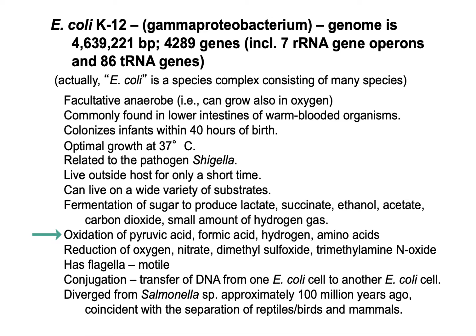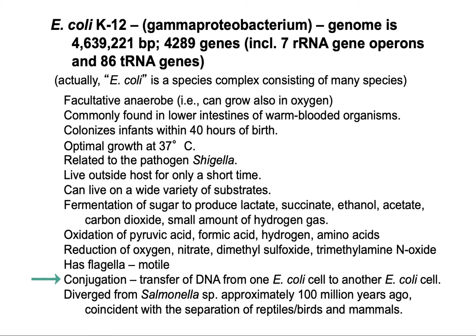It can also oxidize pyruvic acid, formic acid, hydrogen, and amino acids, and reduce oxygen, nitrate, dimethyl sulfoxide, trimethylamine, and oxide. And it has flagella, so it's motile. It needs all of those genes, and we've talked about how many genes are needed to make flagella. It's quite a number. And then conjugation.